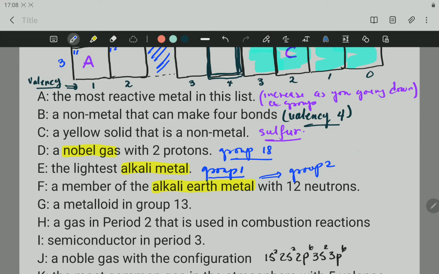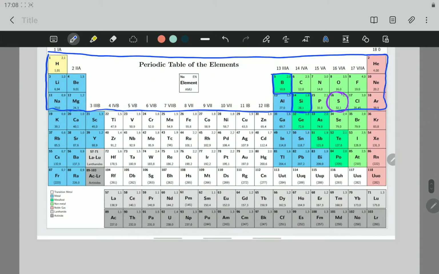Remember, how do we get the neutrons? Neutrons will be equal to atomic mass minus the atomic number. All right, so you have to go to the actual periodic table and look there. You have 24.3 and 9. So definitely, 24 minus 12 is 12. 9 minus 4 is 5.